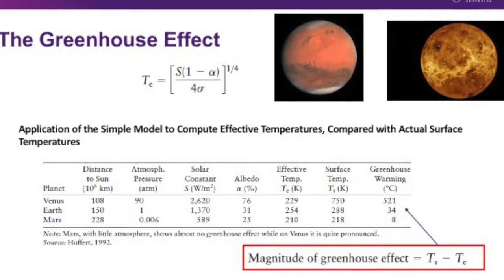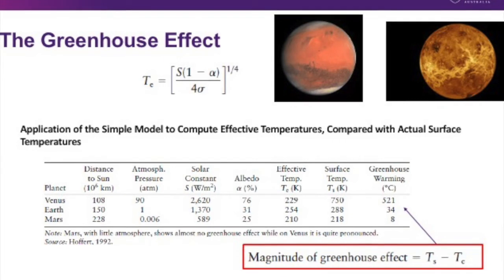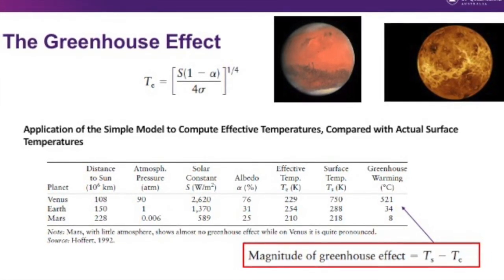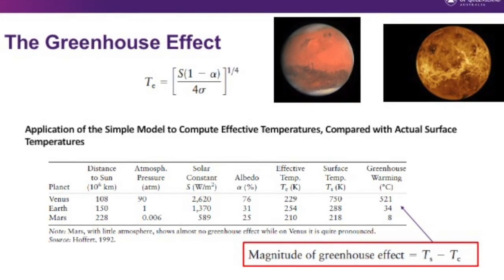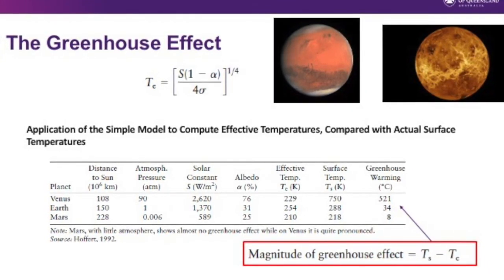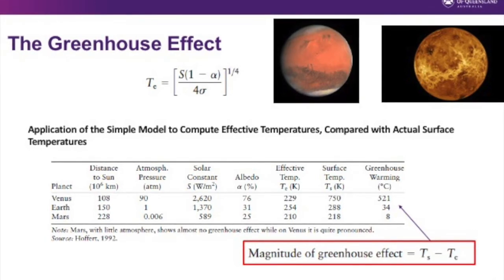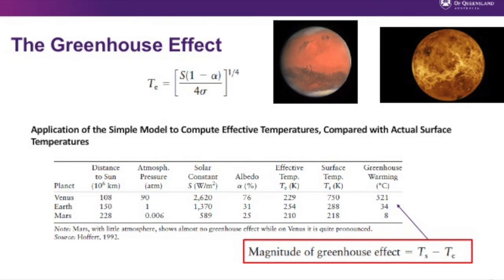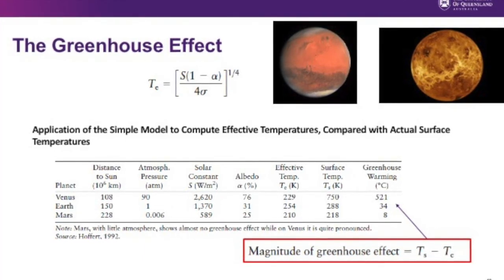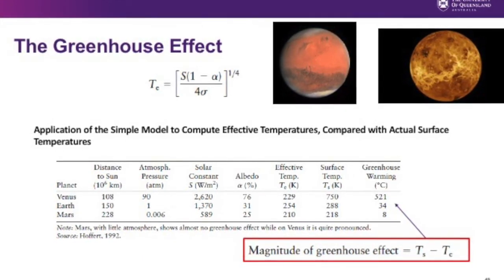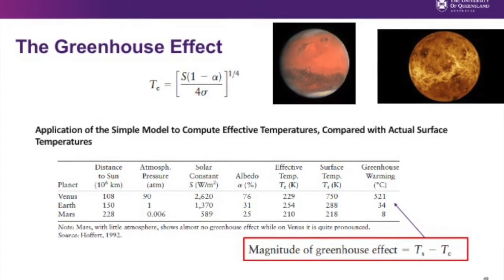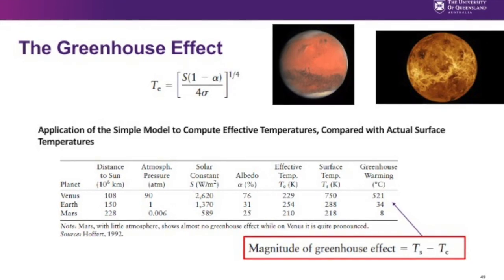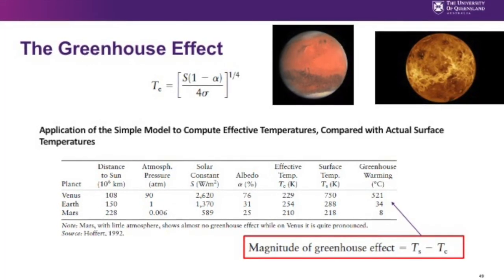On Mars, in contrast, we have a very low surface temperature, 218 Kelvin, and this is connected to the lack of atmosphere, as you can see on the table. Even though there is CO2 on Mars, it cannot really act as a greenhouse gas because of the lack of atmosphere.